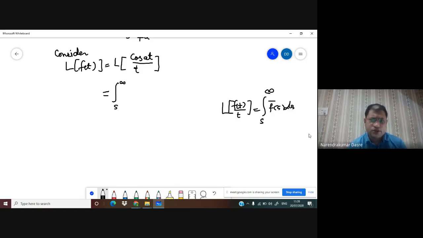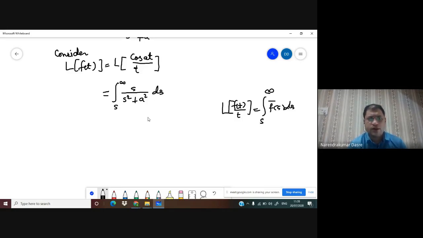Okay, this is the property that we have, and hence we have to consider the Laplace transform of the numerator, which is f bar of s. So let's have this. What is the Laplace transform? We have s upon s square plus a square ds.